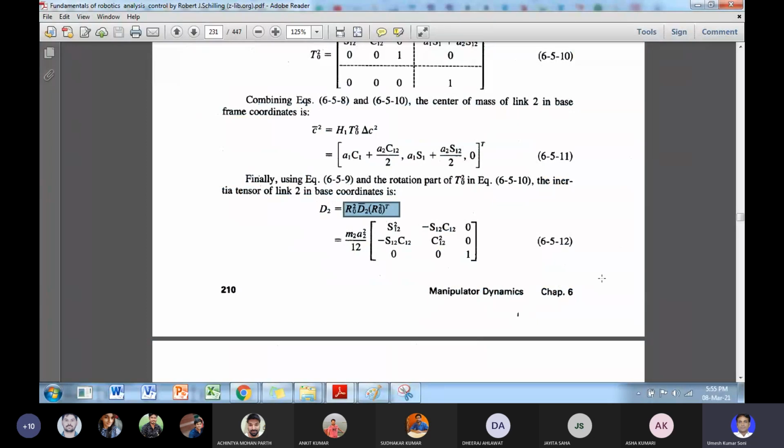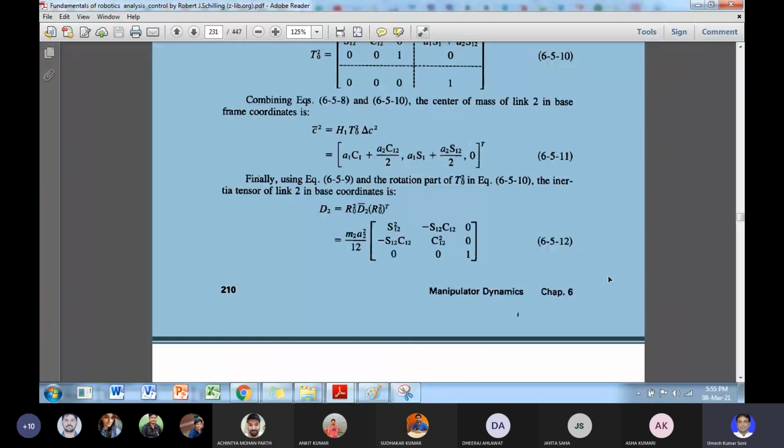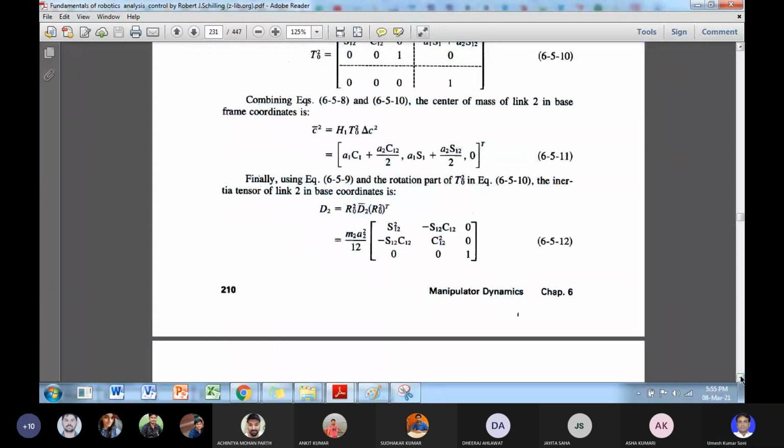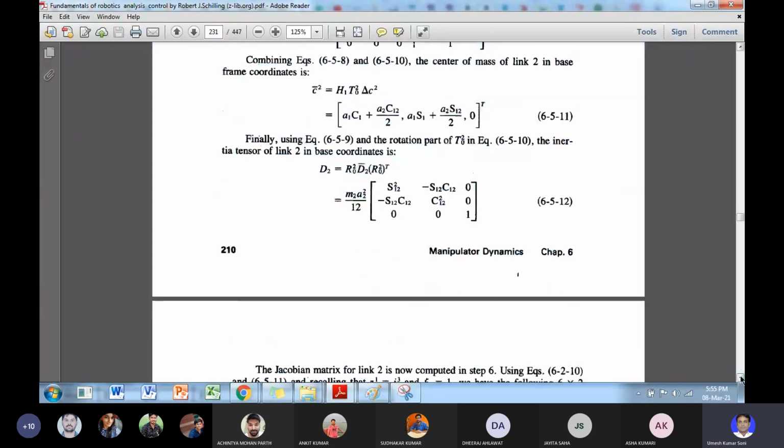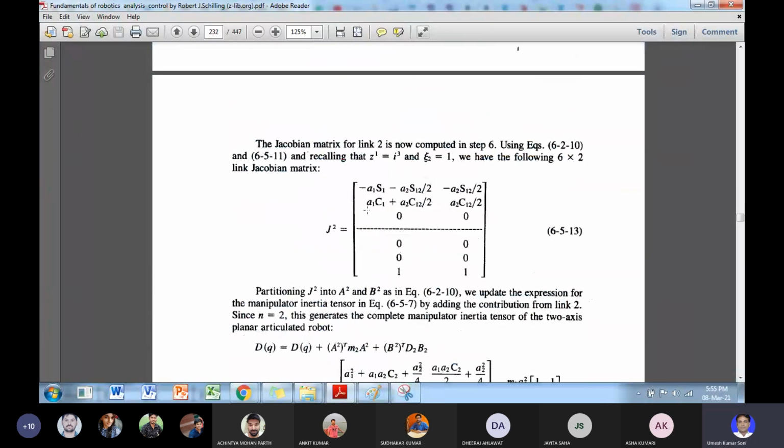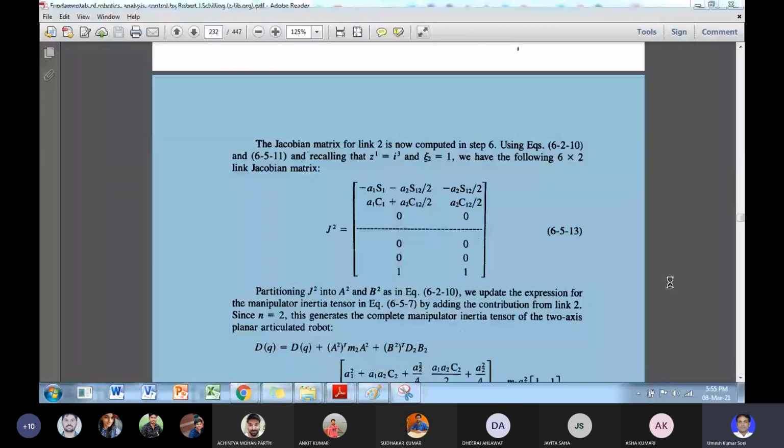So using this equation, you can determine the inertia tensor represented in the base frame L0. Again you have calculated del ck upon del q1, del q2 and so on. Based on that you can calculate this, and also you have determined xi1, xi2, xi3, and you calculated the j2.